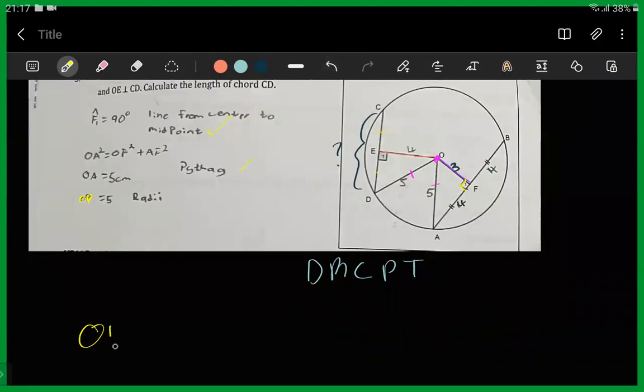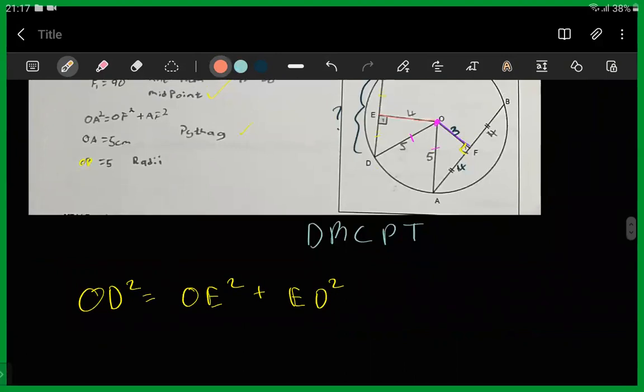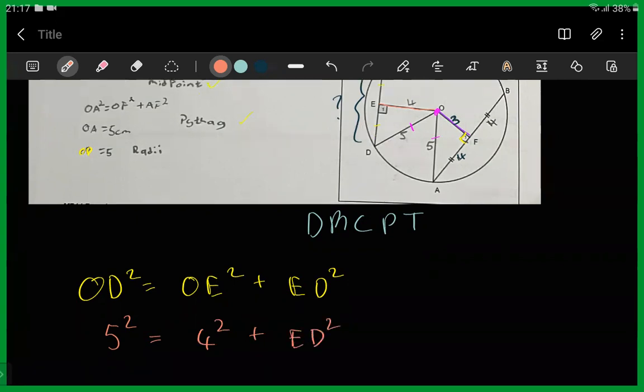So let's say here OD squared is equal to OE squared plus ED squared. You see, so OD here is 5. OE is 4. ED is ED. We're trying to isolate it.